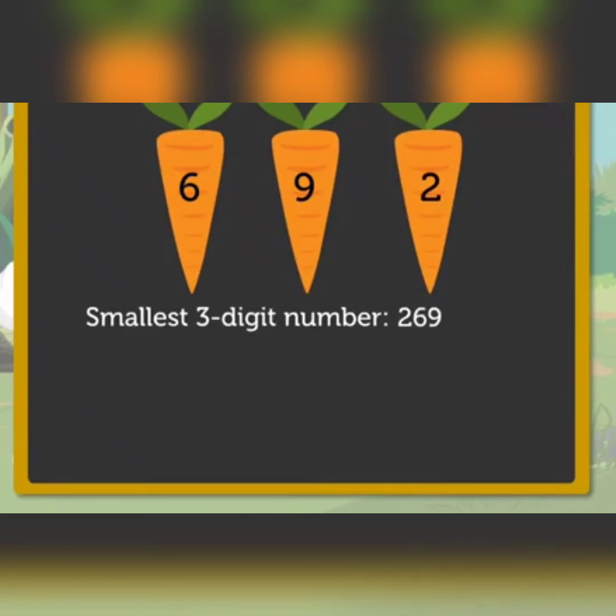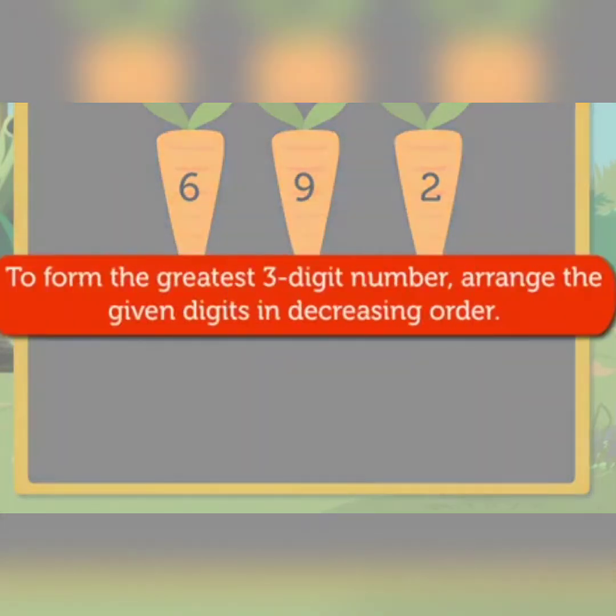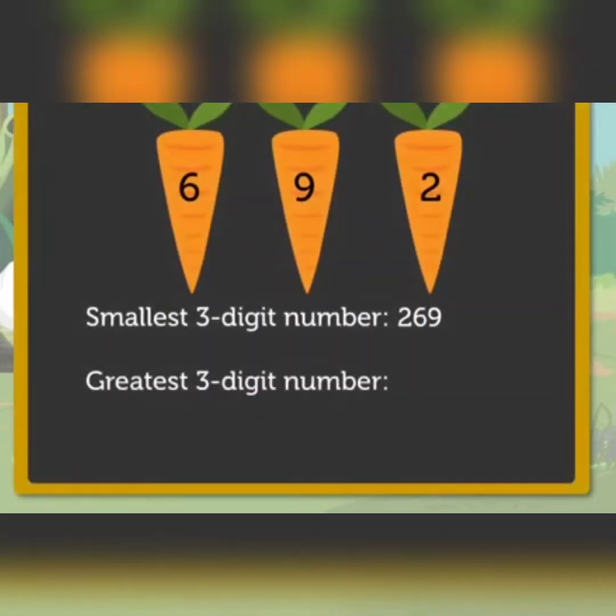So, we can arrange the digits 2, then 6, then 9. That is, the smallest 3-digit number is 269.